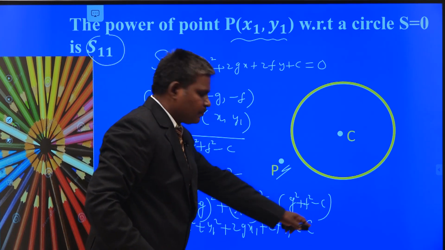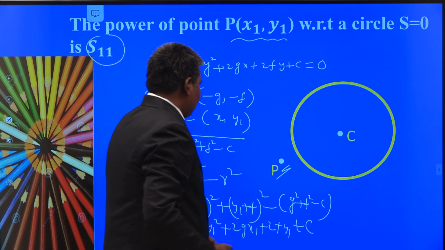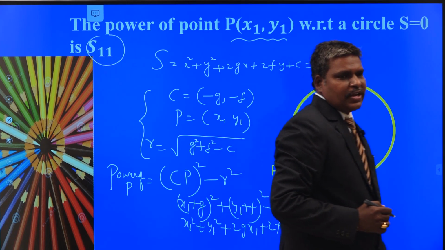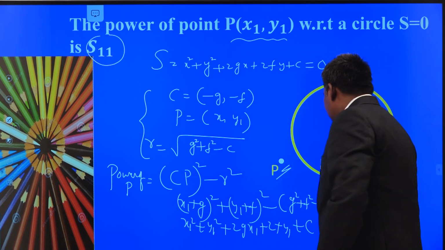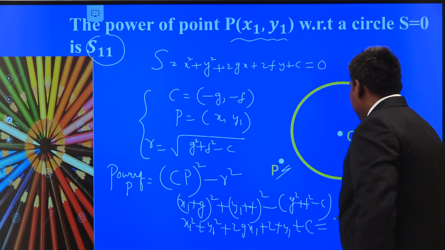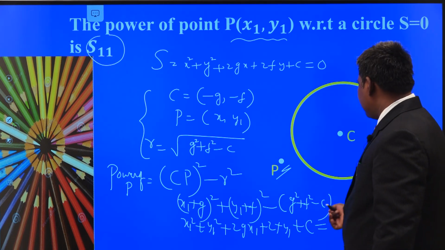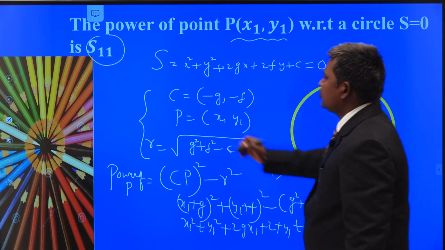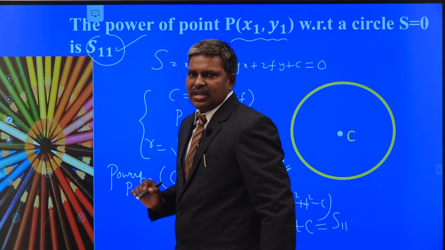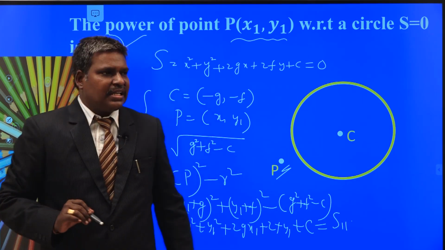What is this? x1 square plus y1 square plus 2gx1 plus 2fy1 plus c. What is the value, from the notations itself? This is S11. So the power of point P(x1, y1) with respect to the circle S equal to 0 is S11.